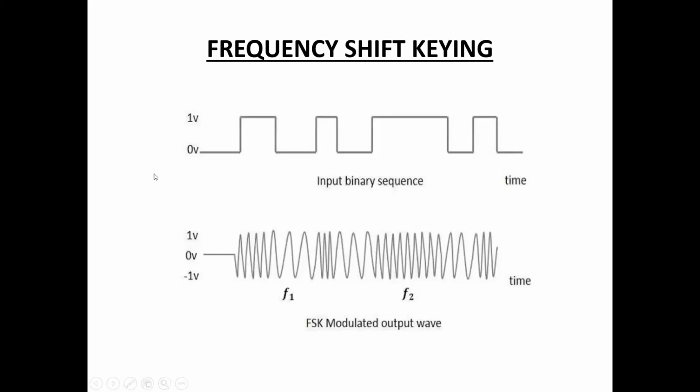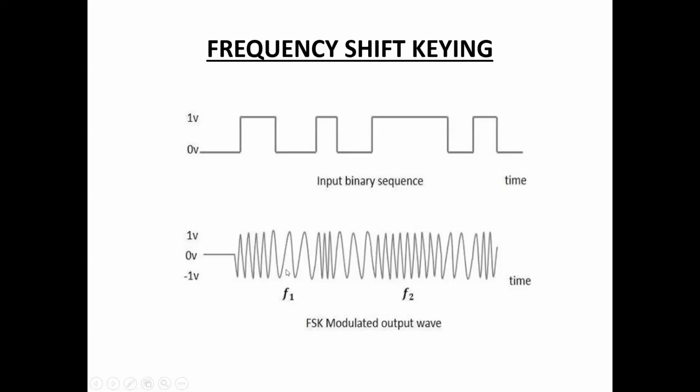See here, F1 is the frequency to represent binary 0, and F2 is the frequency to represent binary 1. In the F2 frequency, the waveforms are closer than in F1.